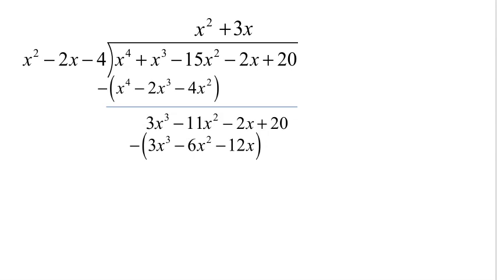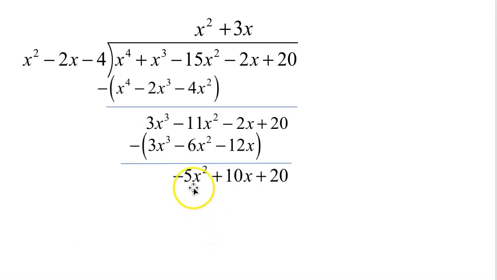Now all of those need to be subtracted. 3x cubed minus 3x cubed goes away. Negative 11x squared minus negative 6x squared would be negative 11x squared plus 6x squared, which would be negative 5x squared. Negative 2x minus negative 12x is negative 2x plus 12x, which would be 10x plus 20.